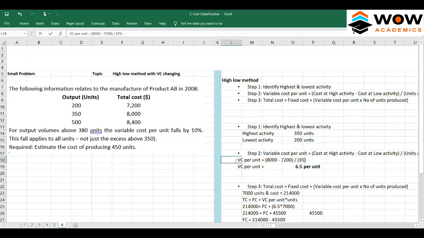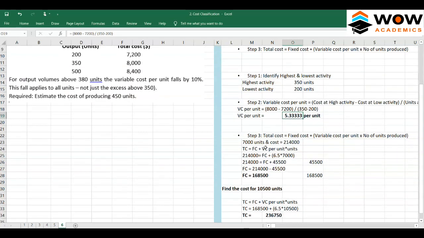The highest units is 350 and the lowest units is 200. It comes to 5.33, and we can apply it to any of the units.